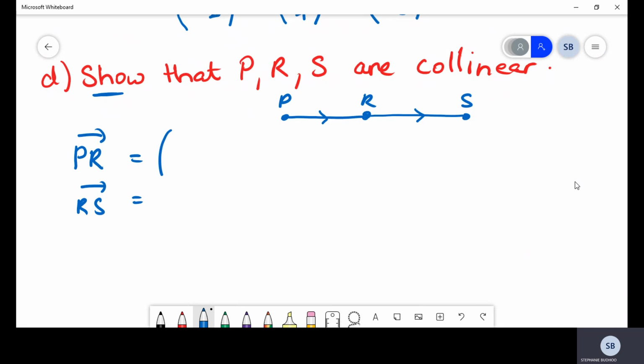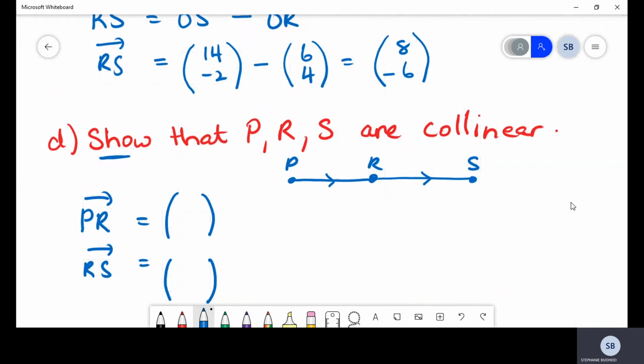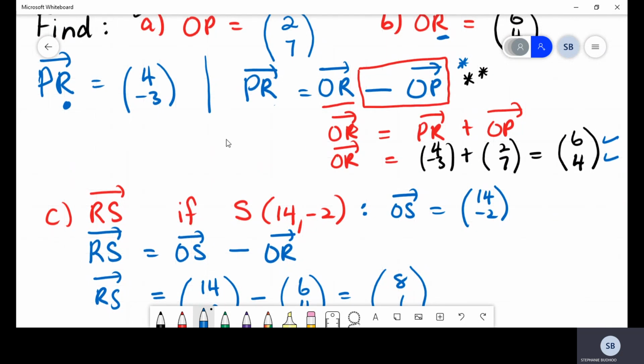Now, do we have values for those vectors? Let's move up and see if we calculated these. So we do have RS being 8, -6. And I believe from part A, we got PR as 4, -3.